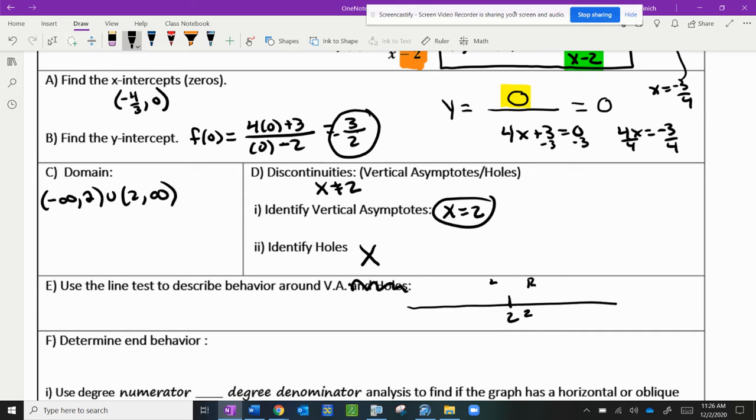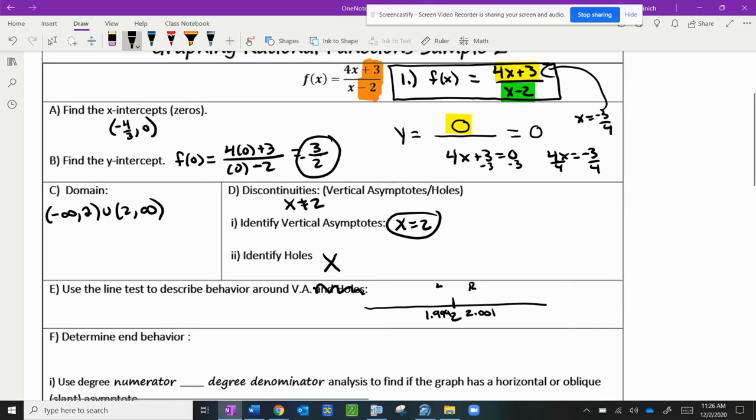One to the right would be a little bit bigger, one to the left a little bit smaller. Then you plug that into your equation. I'm going to take 4x plus 3 over x minus 2, and when I plug in 2.001, I'm going to strictly focus on the denominator.